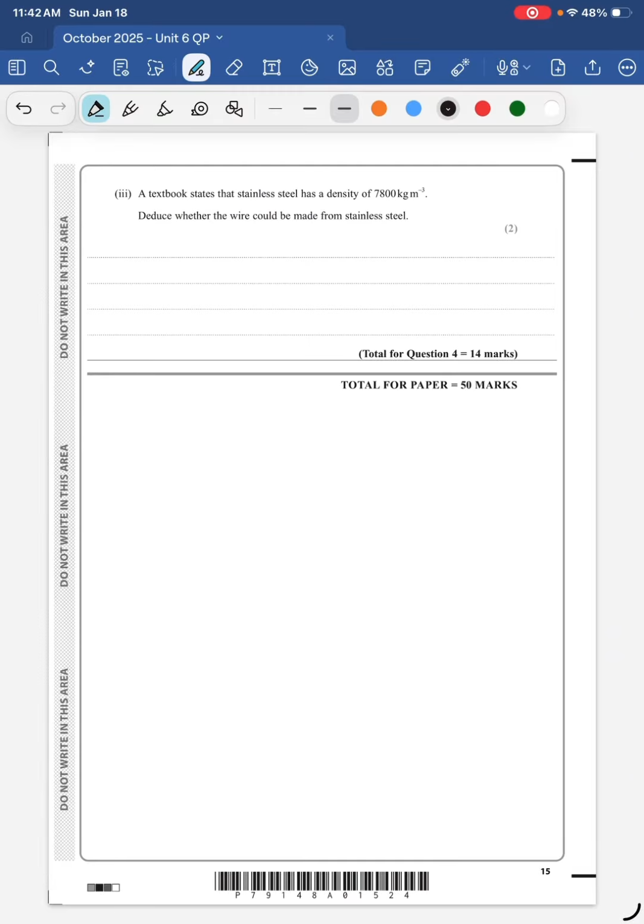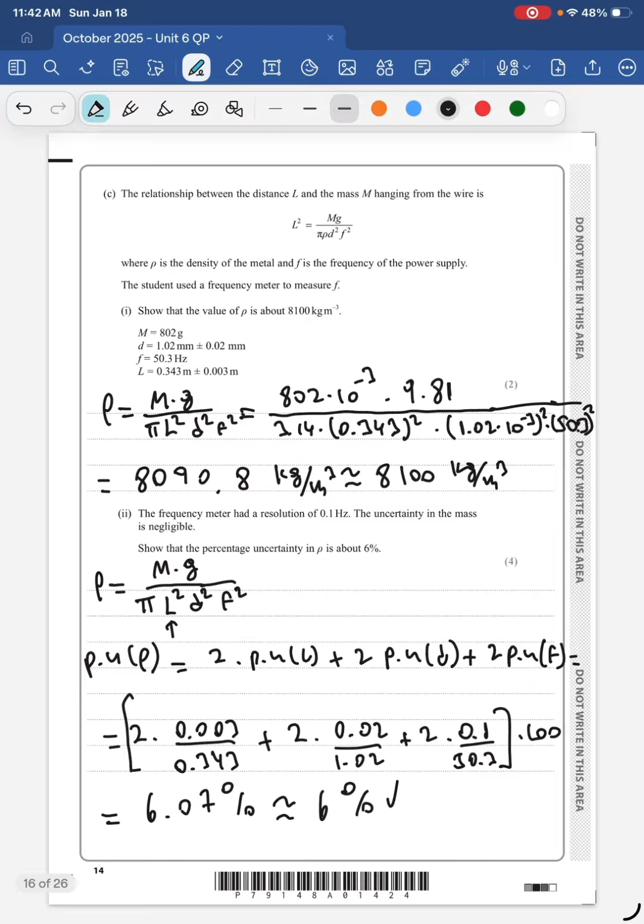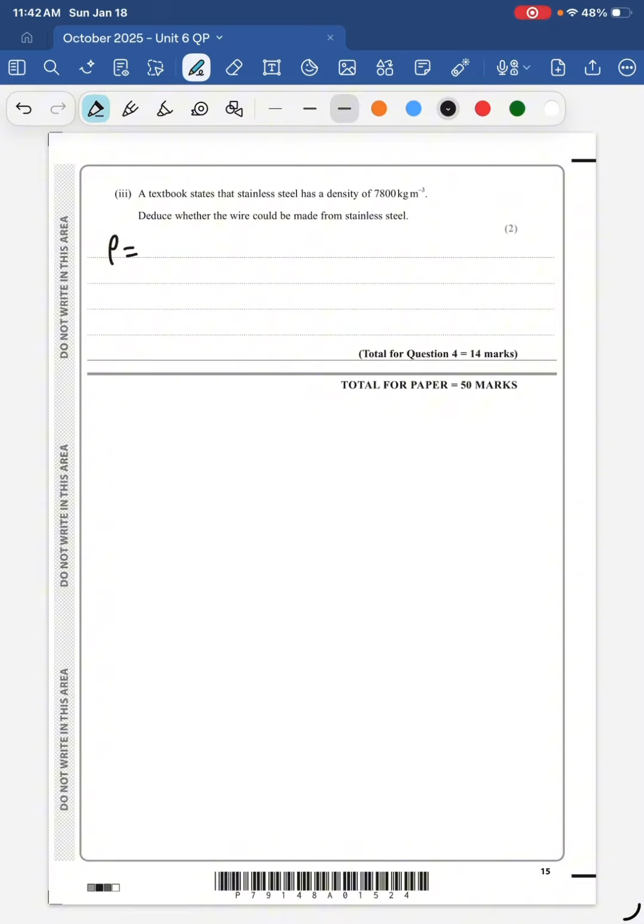Okay, part 3. A textbook states that stainless steel has a density of 7,800 kilograms per cubic meter. Deduce whether the wire could be made from stainless steel. Okay, so the value we found: rho is 8,090.8 kilograms per cubic meter plus or minus 6.07%, right?